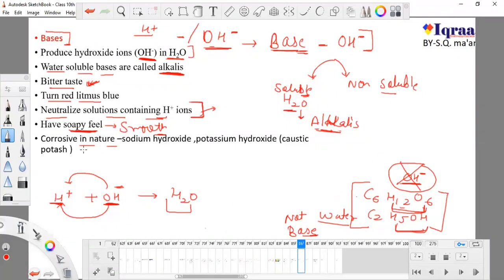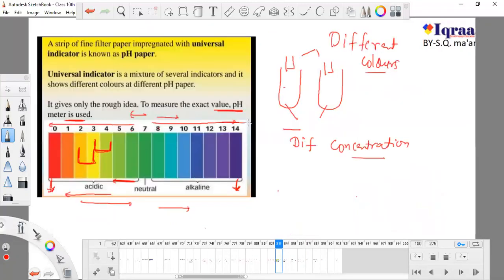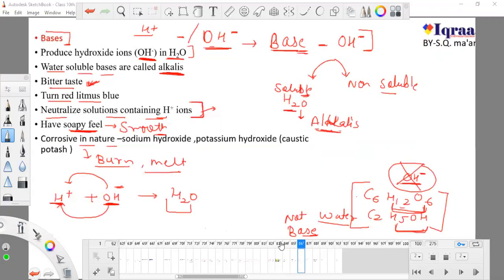What is the meaning of corrosive? They can burn any surface and they can melt any surface. When the bases are very highly basic, up to this range, from here to here, these types of bases are corrosive in nature and they can melt any surface or burn our skin.